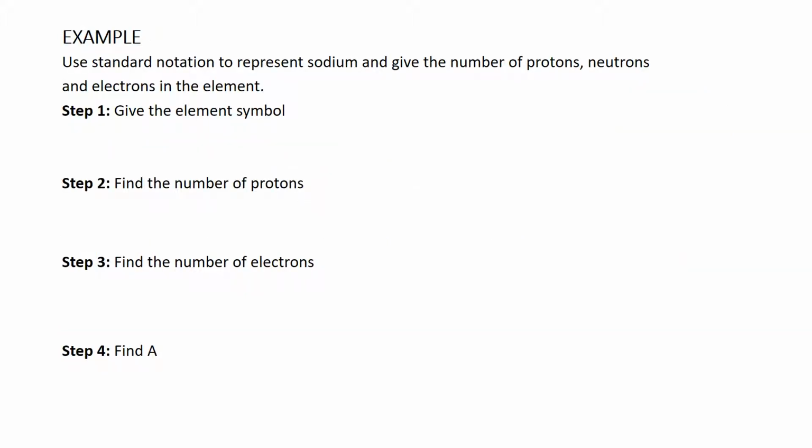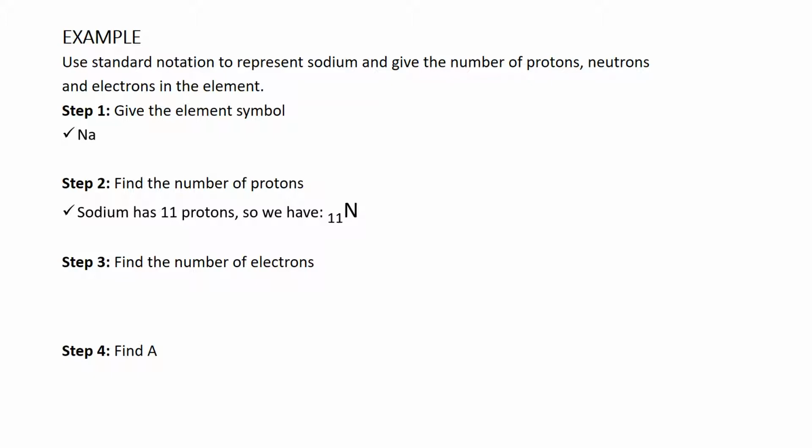Here's an example. Use standard notation to represent sodium and give the number of protons, neutrons, and electrons in the element. First step is to give the element symbol, which is Na. Our second step is to find the number of protons. How do we find the number of protons in the periodic table?